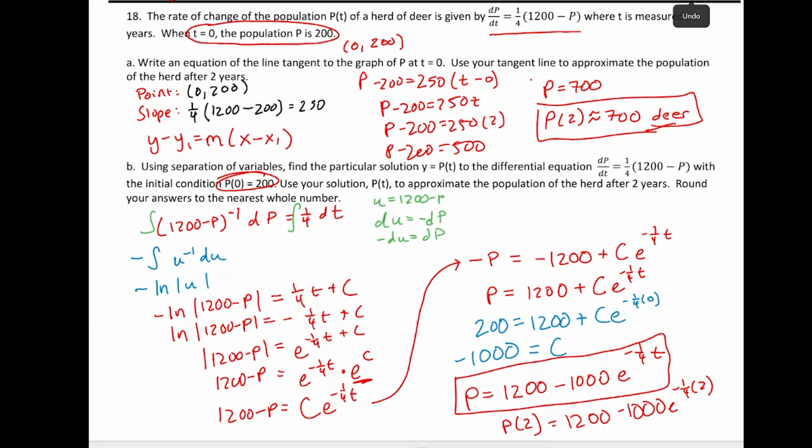That's about as close as we can get without a calculator. I'm sure we could simplify a little bit, but there's really no need to. So let's just focus on what the actual equation is, which is 1,200 minus 1,000 times e to the negative 1/4 t.